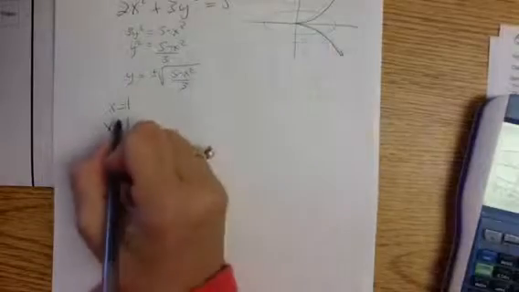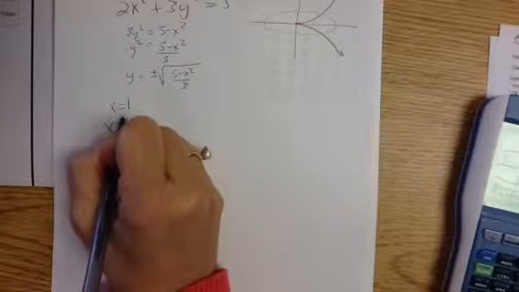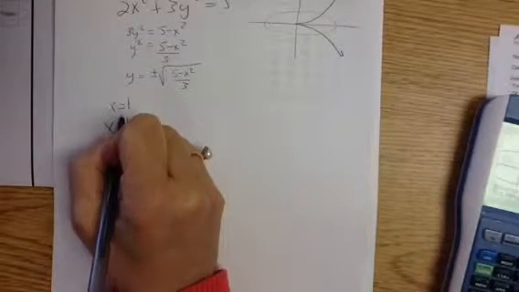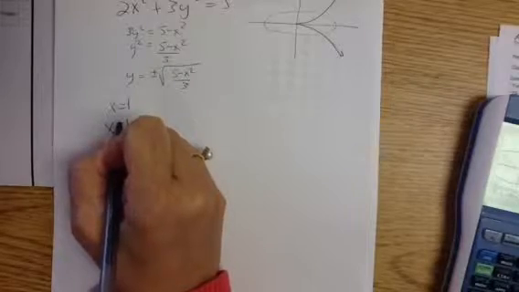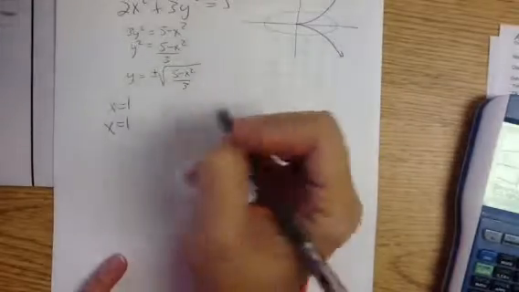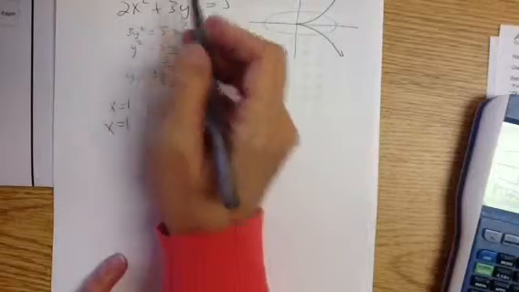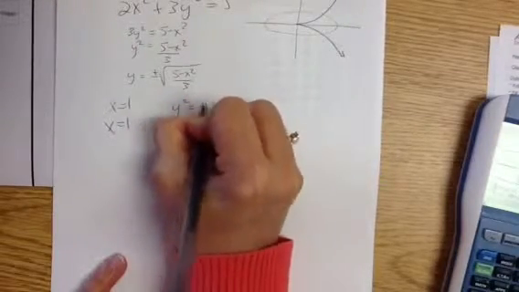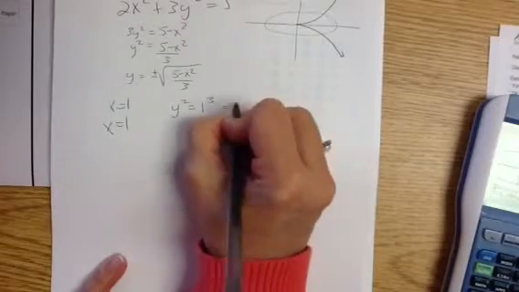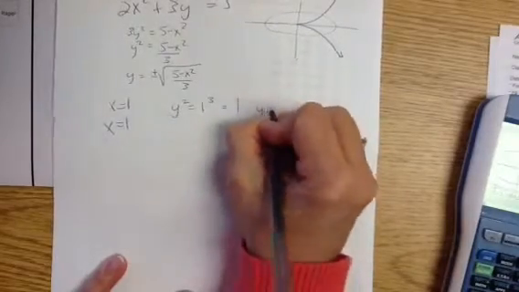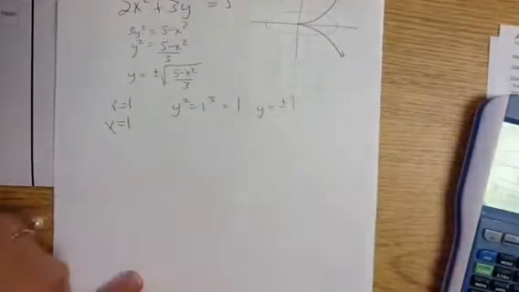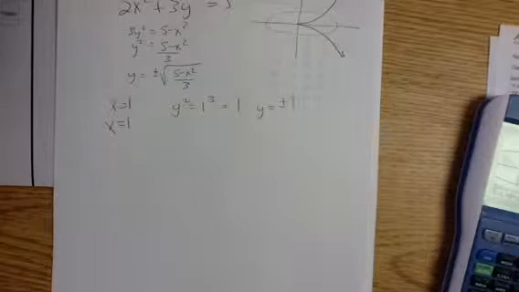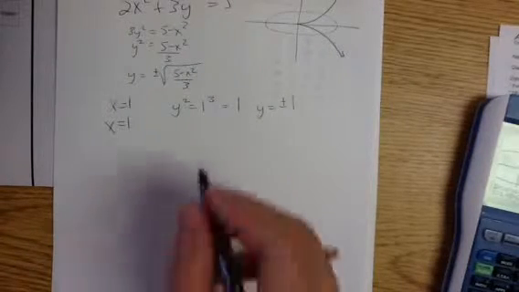Right. So I'm looking at the point x equals 1, and I need to find the y values. So if x equals 1, then y squared equals 1 cubed, so I'm going to get 1. So y equals plus or minus 1. And that will help you find them. Now I could try the other graph.